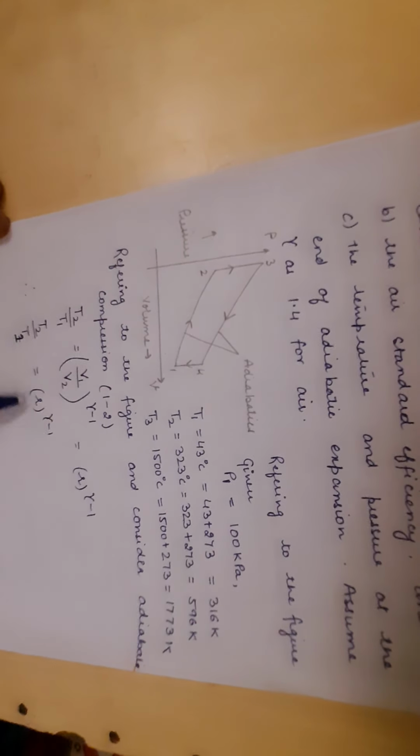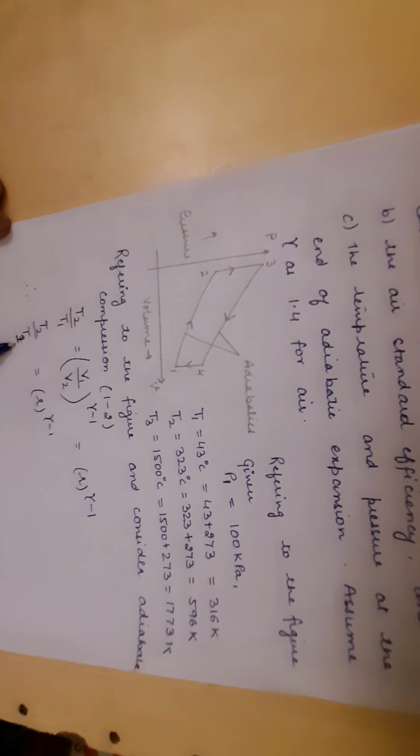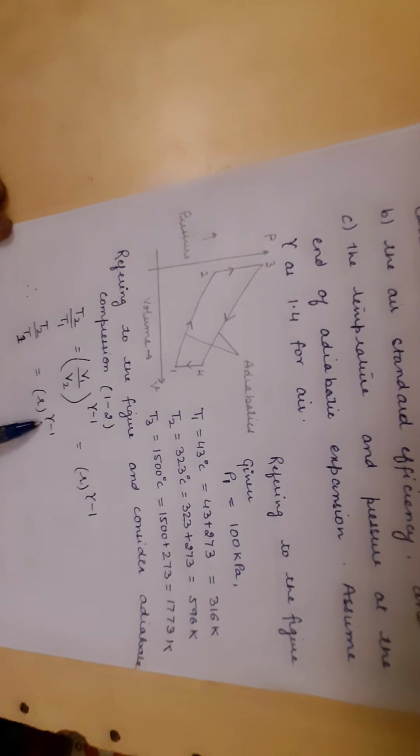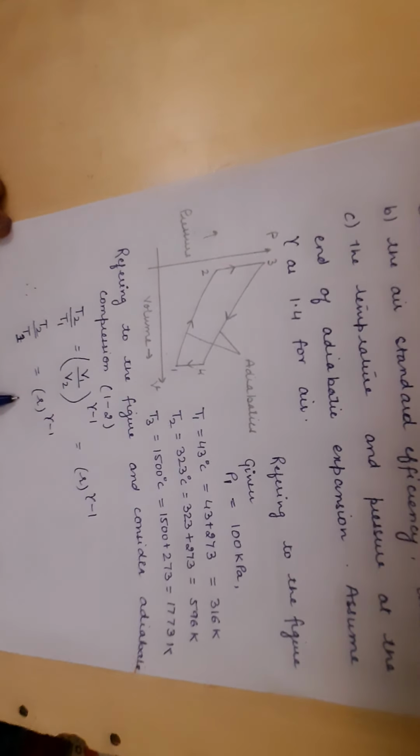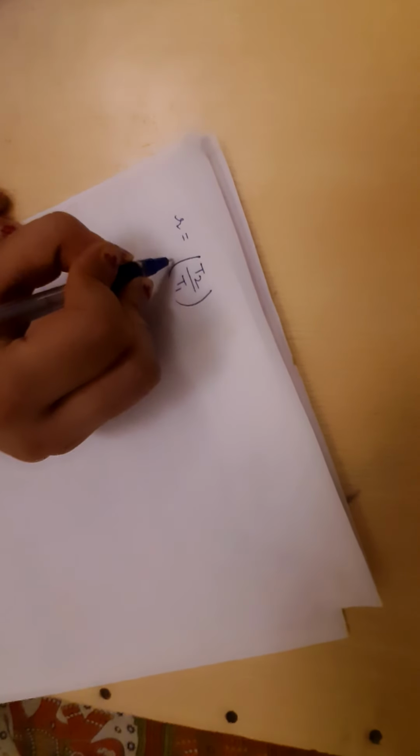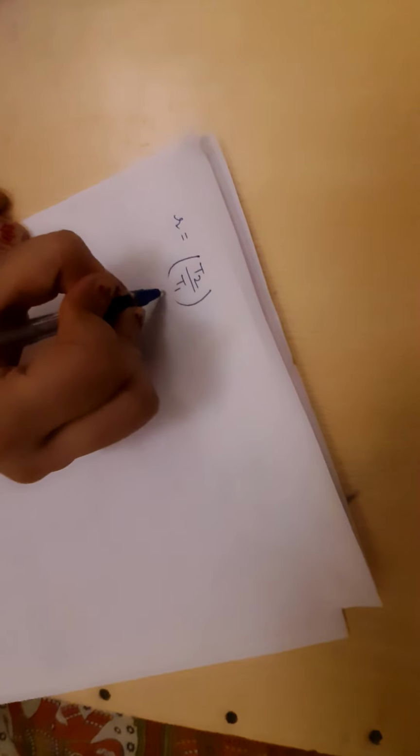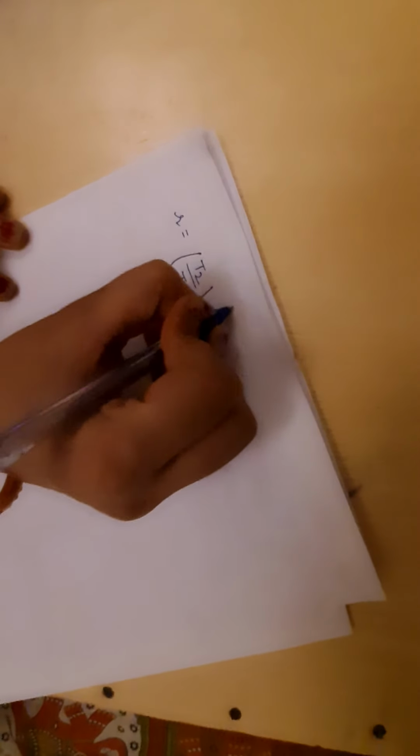We know the value of T2, we know the value of T1, we know the value of gamma. So we can easily calculate the value of r. So let us calculate the value of r. r will be equal to T2 upon T1 raised to the power 1 upon gamma minus 1.